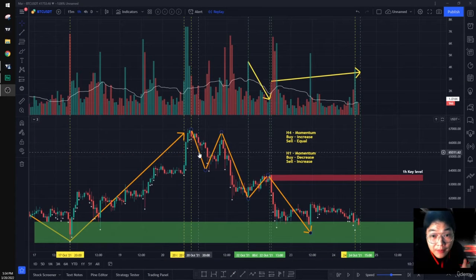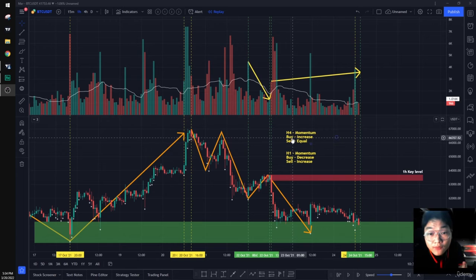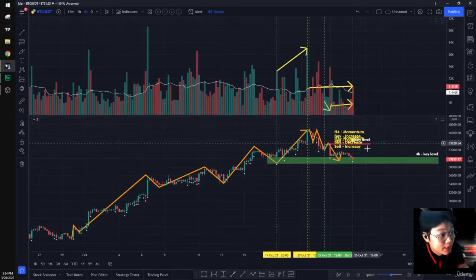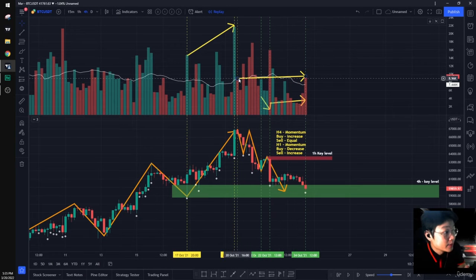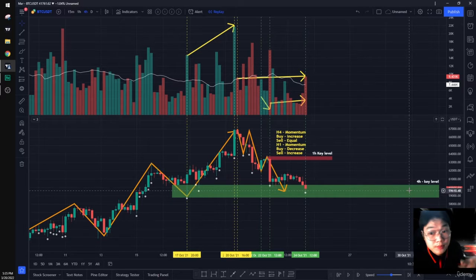So our total story in the 4 hours time frame, the momentum shows that buying pressure is increased and selling pressure is equal. You can quickly see again in the 4 hours time frame, here the buying pressure increased and selling pressure is equal. It means that at the key level of the 4 hours time frame, we can continue to buy at this key level.